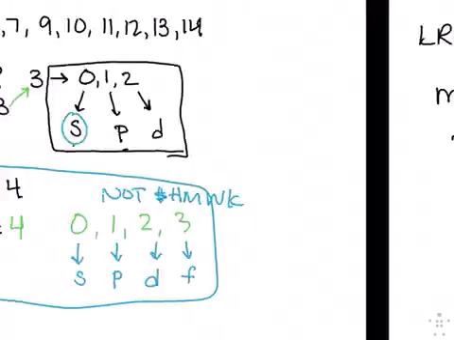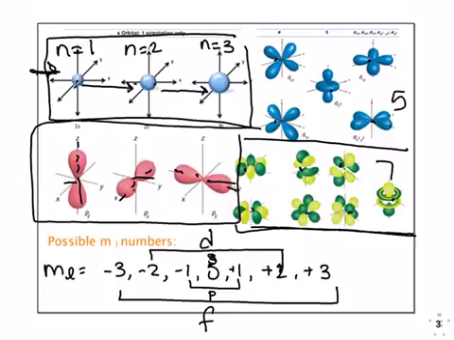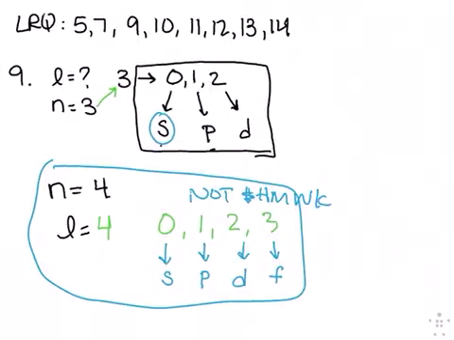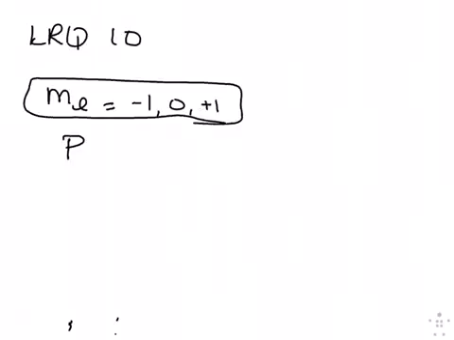So we look back to this little chart that I showed you, and we're in the P sublevel. So the possible values of your m sub L would be -1, 0, and +1. That would be your answer.